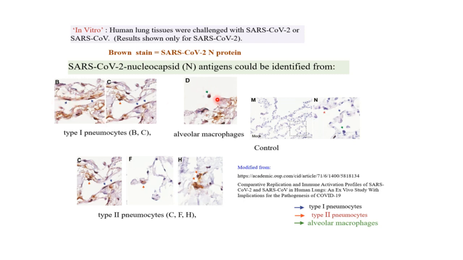Up here the alveolar macrophages, and we have to be even more careful here whether the virus is replicating within the macrophage or it is actually engulfed material. And these do look like type 2 pneumocytes containing the virus antigen.